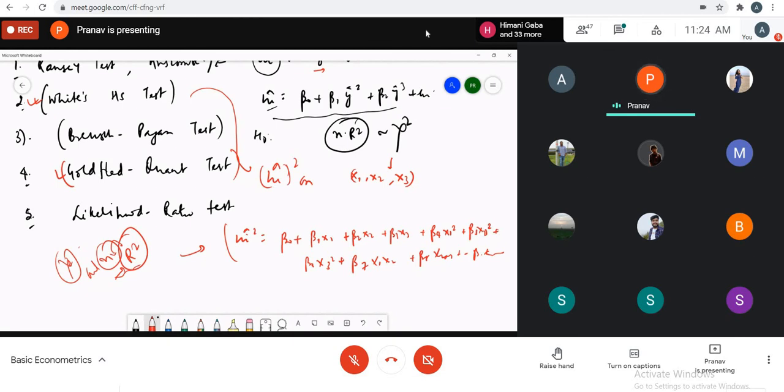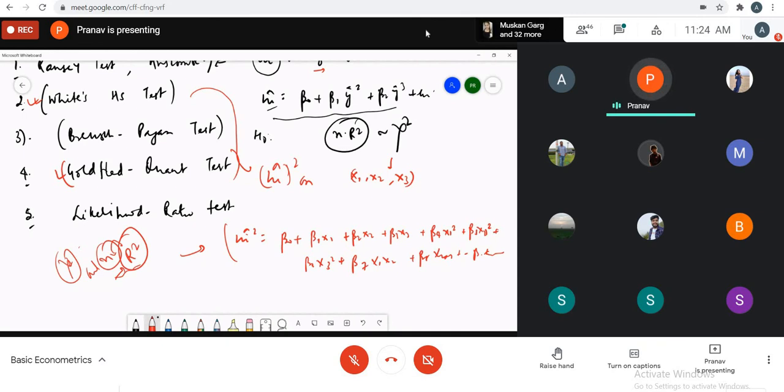The hypothesis in the Goldfeld-Quandt test is the equality of variances of the two groups. If the variances are equal, we reject the presence of heteroskedastic error terms. If the variances of the two groups are unequal, we say that error terms are heteroskedastic.